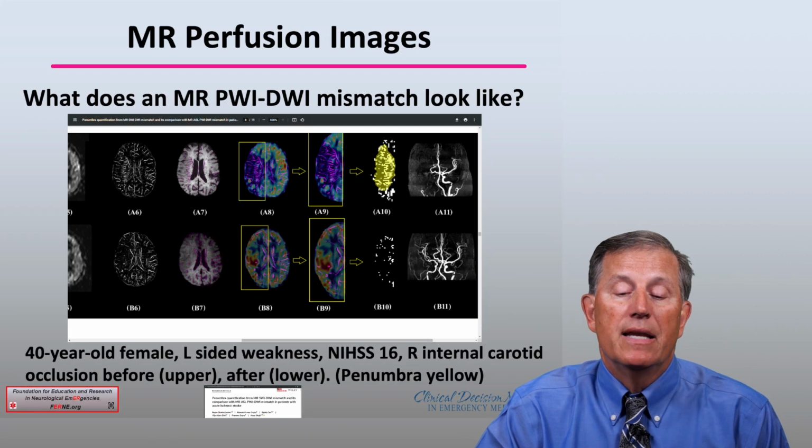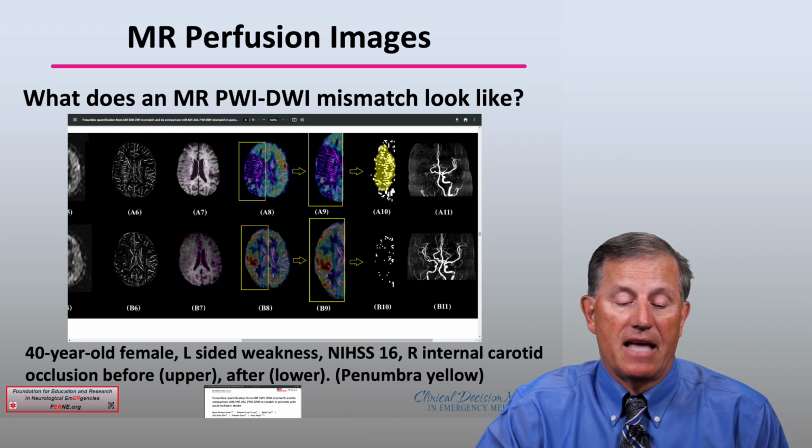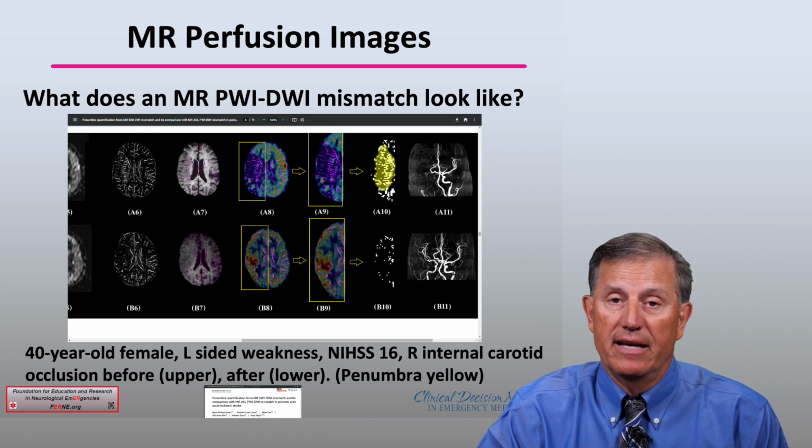What does an ischemic penumbra or a PWI-DWI mismatch look like? This happens to be a 40-year-old female, left-sided weakness, NIH stroke scale, which is quite high, suggesting a likely LVO. In fact, it was due to a right internal carotid occlusion.